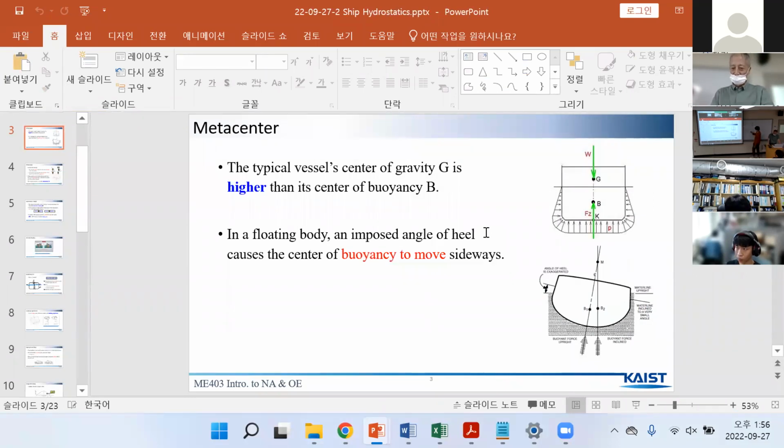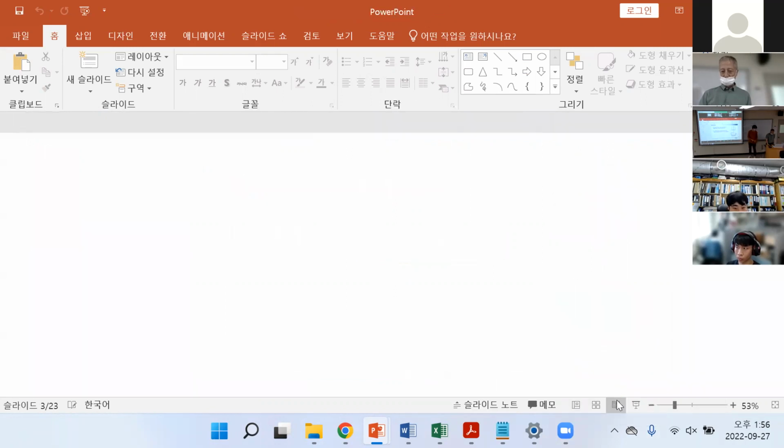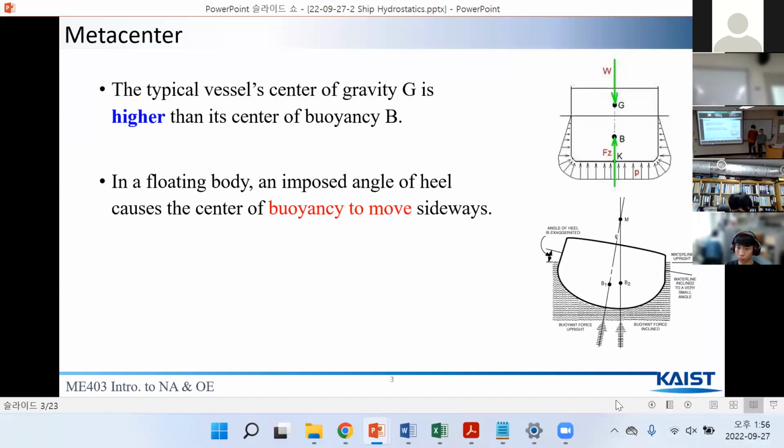M is the metacenter. It's not easy to explain without drawing. G is the gravity center, the center of weight, and B is the center of buoyancy.